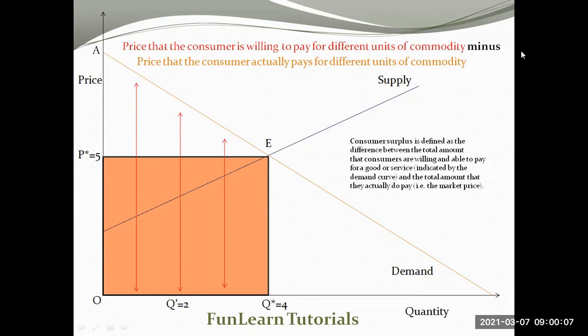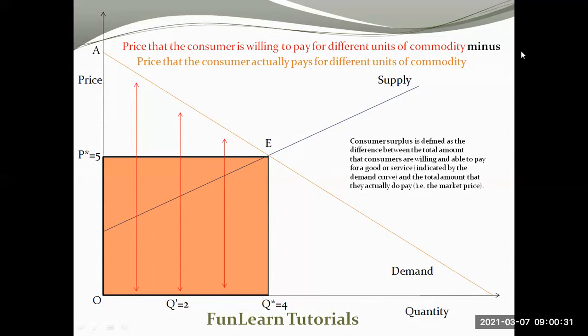Now what do we have here? The price that the consumer is willing to pay for different units of commodity is the entire area below the demand curve up till the equilibrium point. So it's O, A, E, Q star. That was the total amount that the consumer was willing to pay for different units of commodity. It's given by red.